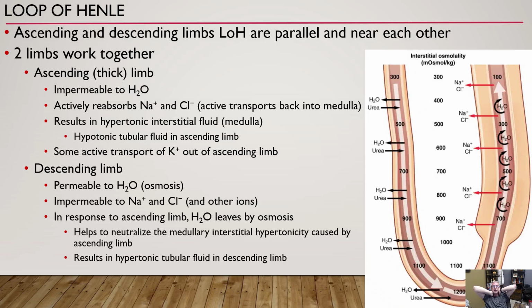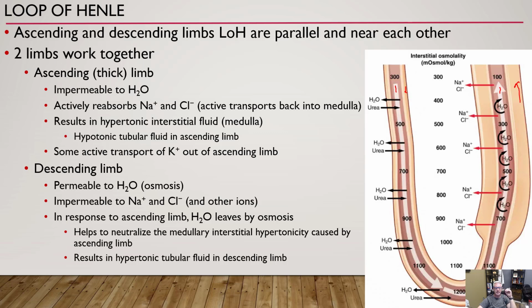So the ascending and descending limbs, they're parallel. So where it flows, you can see the arrow that blood flows this way. And the two limbs work together. We have an ascending limb, which is on the right-hand side, and we have a descending limb that's on the left-hand side. And I put the ascending limb first, even though anatomically the descending limb is going to come first.